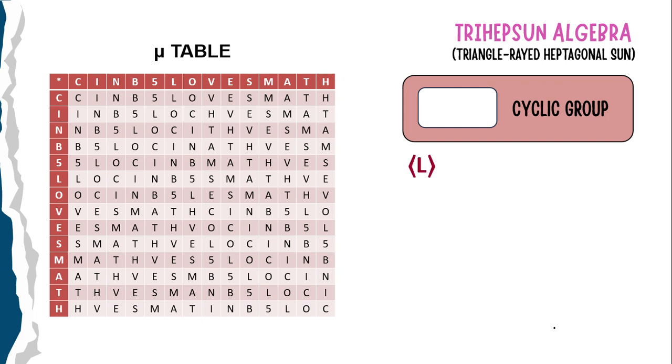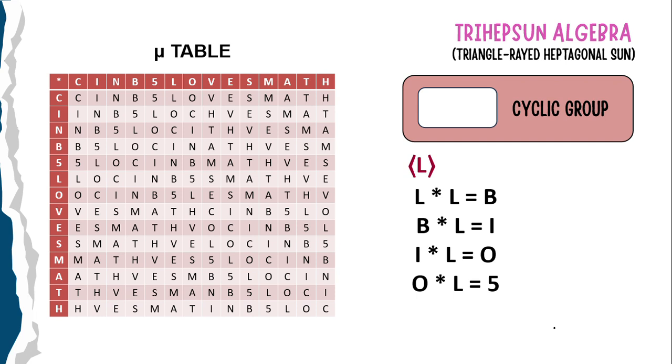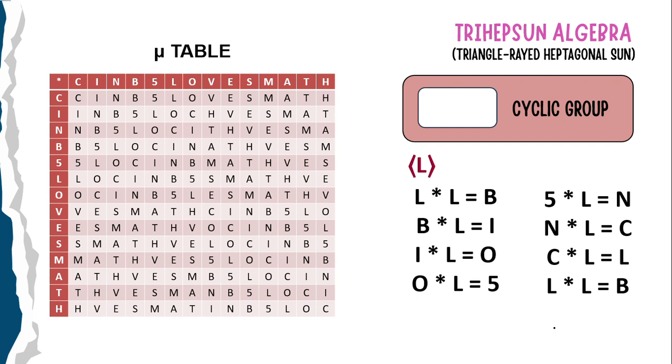For L, doing the same process, this will be the resulting element. L star L is equal to B, B star L is equal to I, I star L is equal to O, O star L is equal to 5, 5 star L is equal to N, N star L is equal to C, C star L is equal to L. As we can see, we have the same resulting element again, so we stop there.